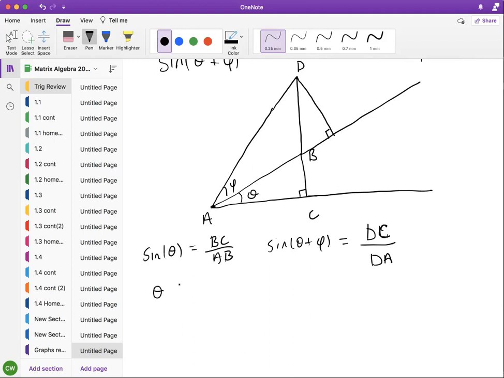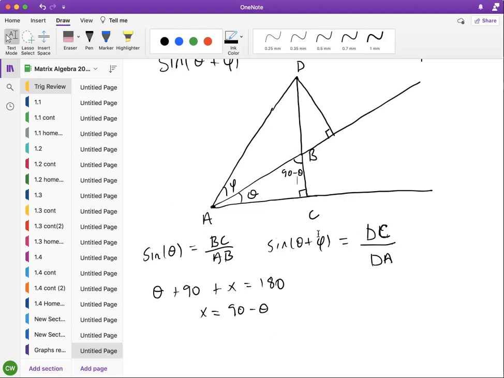We have angle theta, we have angle 90, then we have this mystery angle x, and this is equal to 180. So solving for x, we get x is equal to 90 minus theta. This is true for all right triangles: if you know one of the angles in a right triangle, you know all of them. So this angle must be 90 minus theta.